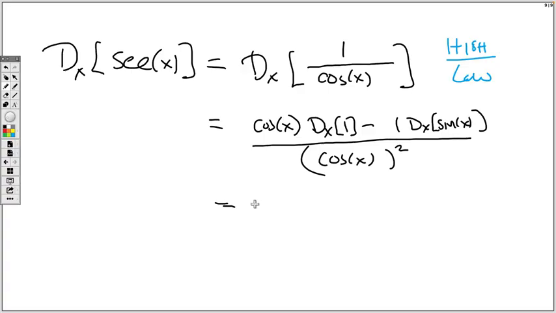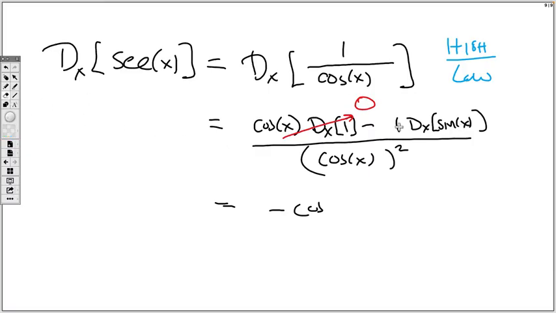All right, what's the derivative of 1? 0. So this first term just does what? And what's the derivative of sine? We just learned that one. That's what? Cosine. So it'll be a minus cosine here. Low D high minus high D low.